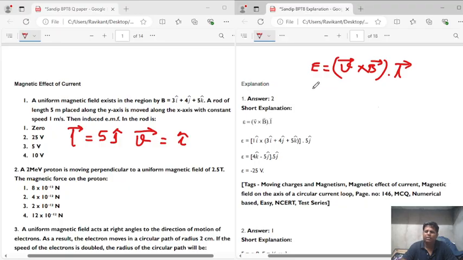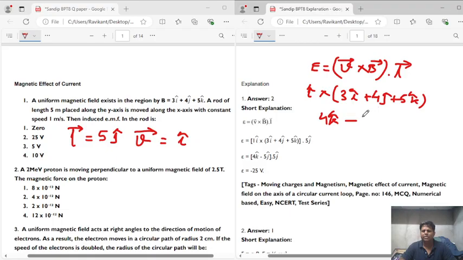So first we find v vector cross b vector. So v vector is i cap, to be cross producted with b, that is 3i cap + 4j cap + 5k cap. So i cross i is 0, i cross j is plus k, so it will give you 4k cap. i cross k is minus j, so it will give you minus 5j cap.